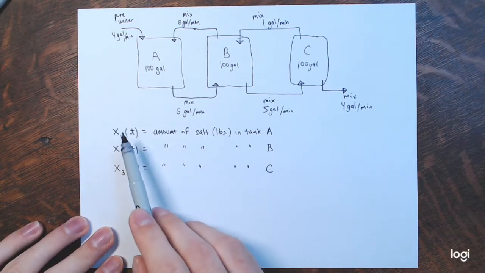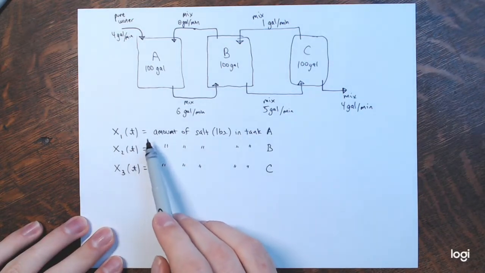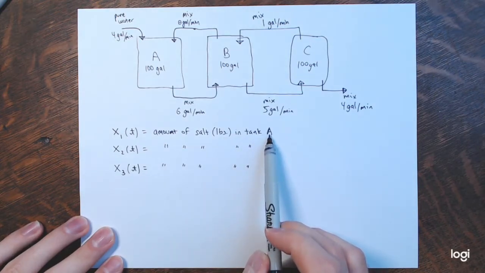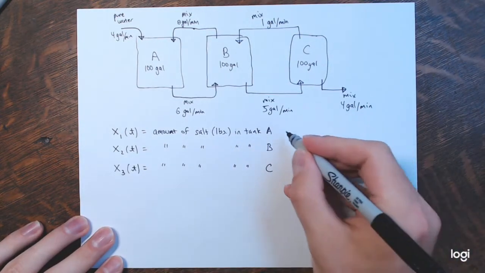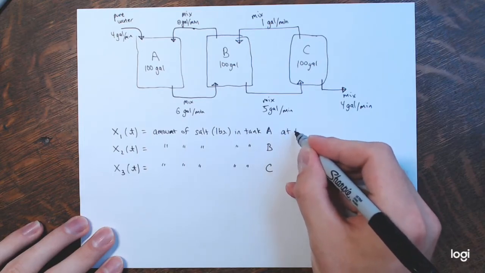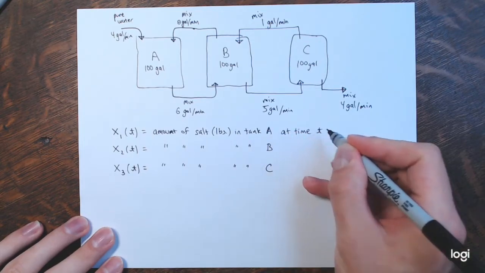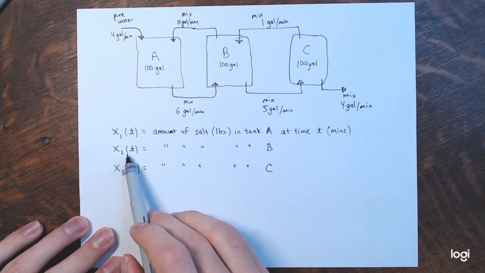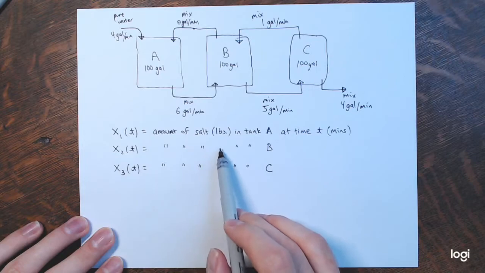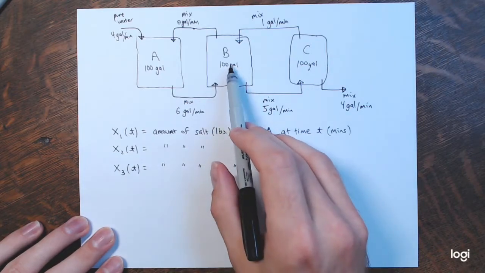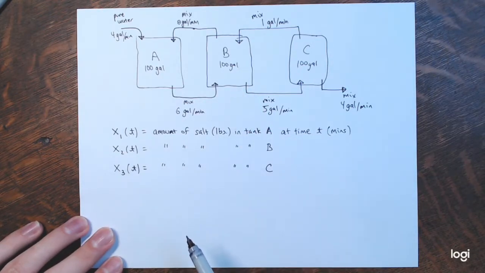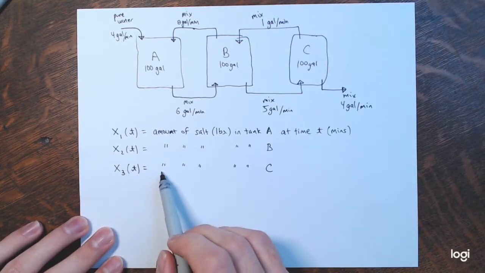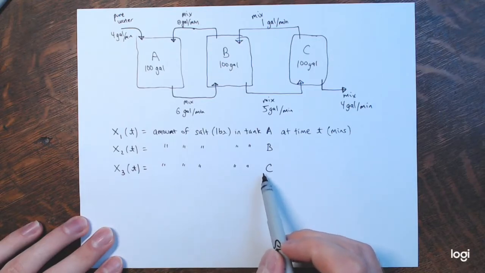All right, so x1 of t again is the amount of salt in pounds in tank A at time t, and that's in minutes. X2 of t is the amount of salt in pounds in tank B at time t, and x3 of t, this function is representing the amount of salt in pounds in tank C at time t.